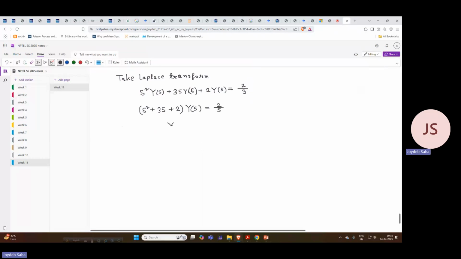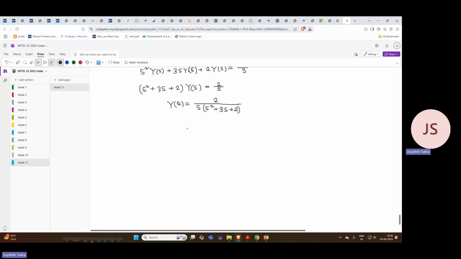Y s is equal to 2 upon s into s square plus 3s plus 2, right?